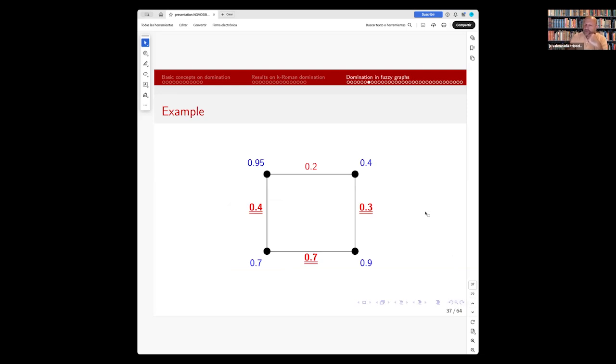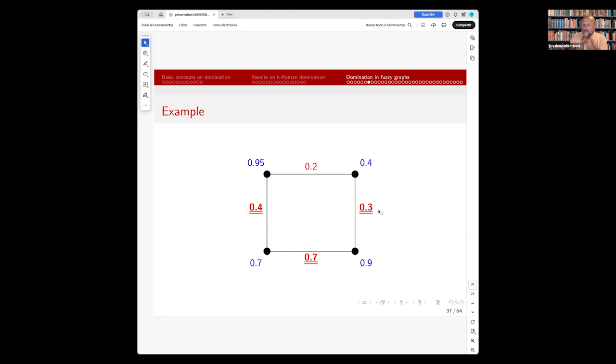For example, in this case, we have a fuzzy graph with 4 vertices and 4 edges. The edge on the left-hand side is a strong edge because the only path joining these two vertices has a connectivity strength equal to 0.2, which is less than or equal to the edge. So this edge will be a strong one.